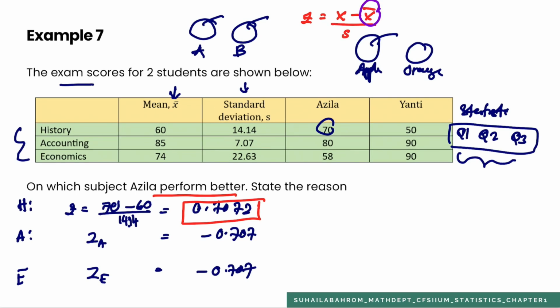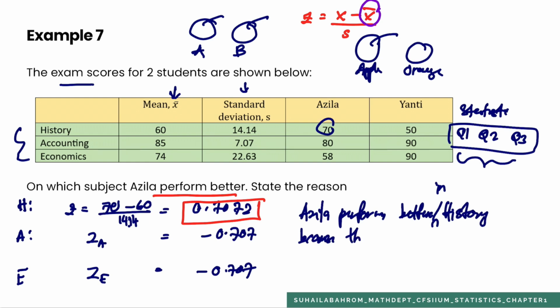Meaning that Azila performed better in history because the Z-score is higher in the history subject.